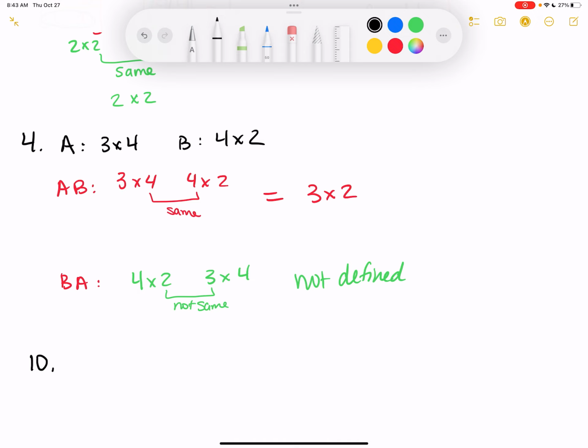We're finding the product. Again, if it's not defined, we're just going to say that it's not defined. So number 10, we've got 3, -1 in the first one, and then the other one is stacked on top of each other. It's 5, 7.